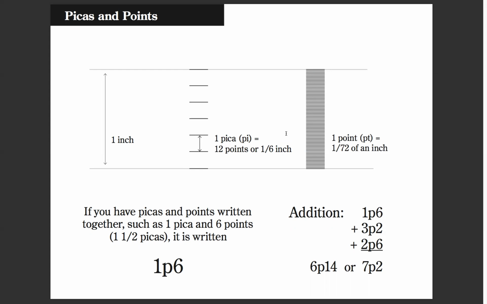Then points are 1/72 of an inch. Now, my first question is, why would we have a unit of measure like picas and points when we're using it for measuring type?